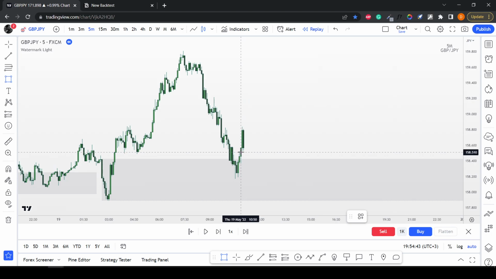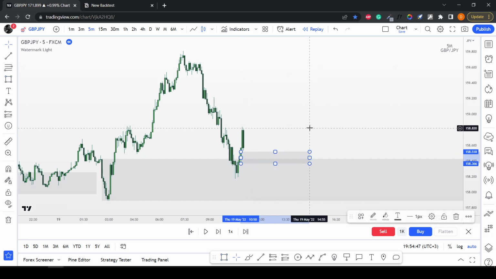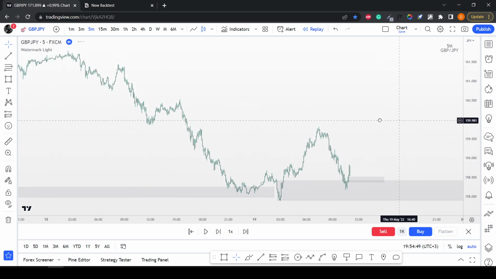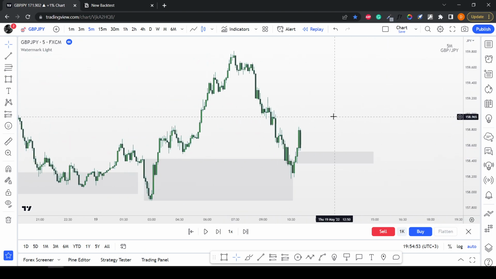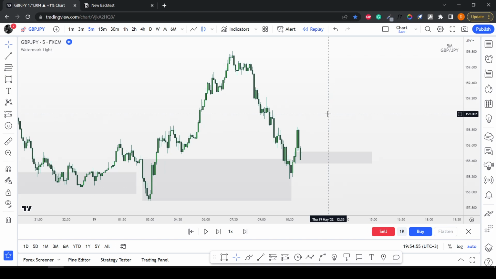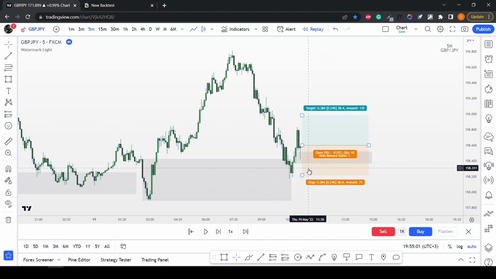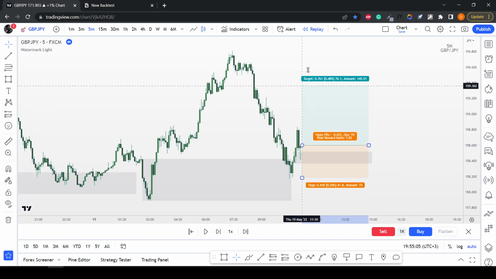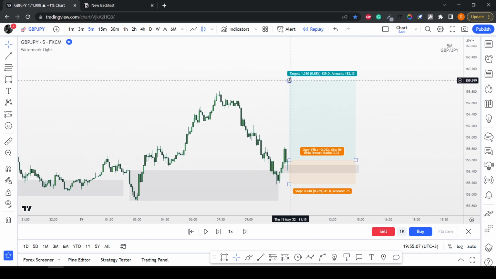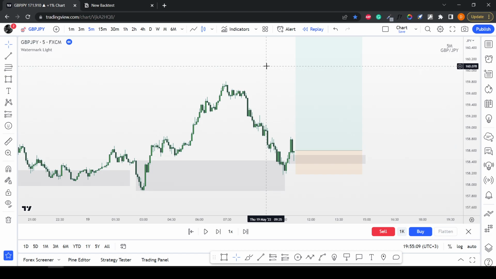If we will have a tap maybe to here as the last unmitigated portion, I'm fine with taking it. Okay, have a tap, and if we will go above, I'm okay with taking it. Will protect myself below the low, and let's see what we will have.